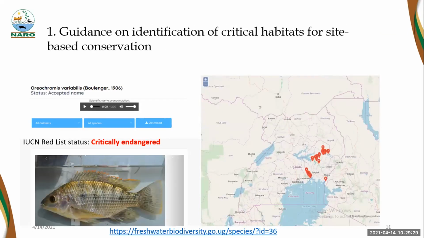Laban will take you through the application of the portal, but I think it is important that you know what our portal is able to deliver at the moment. So right now we can easily guide on prioritization of the critical habitats for site-based conservation.